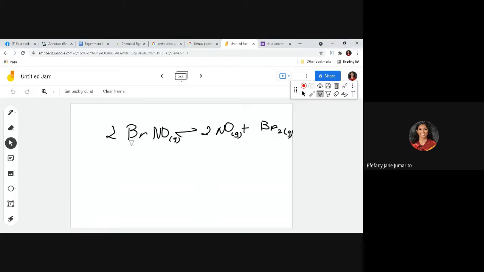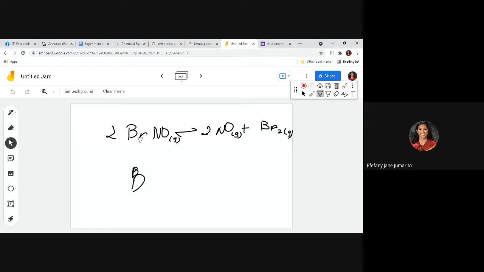Now, if we decrease, the system will always favor the one that was reduced. So the system will produce some of it. So if you decrease, the direction follows the same side.